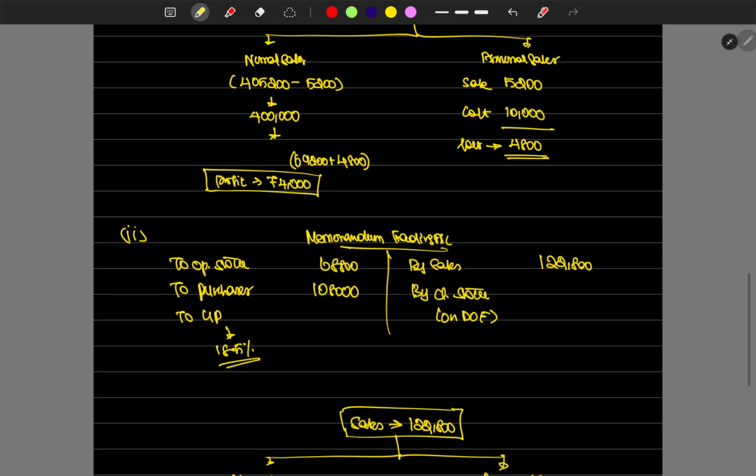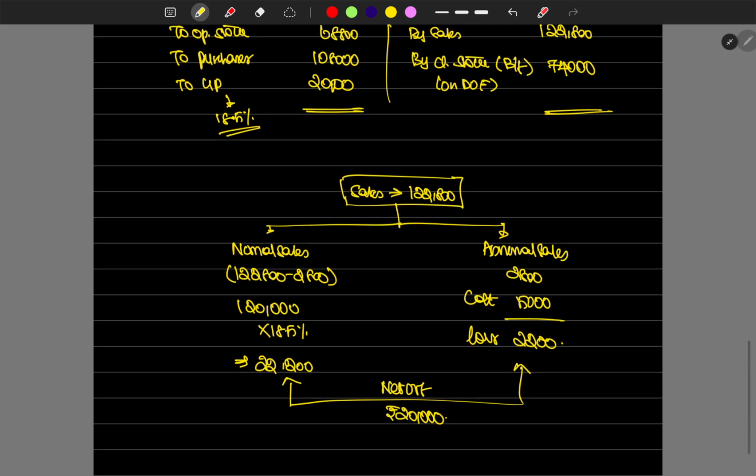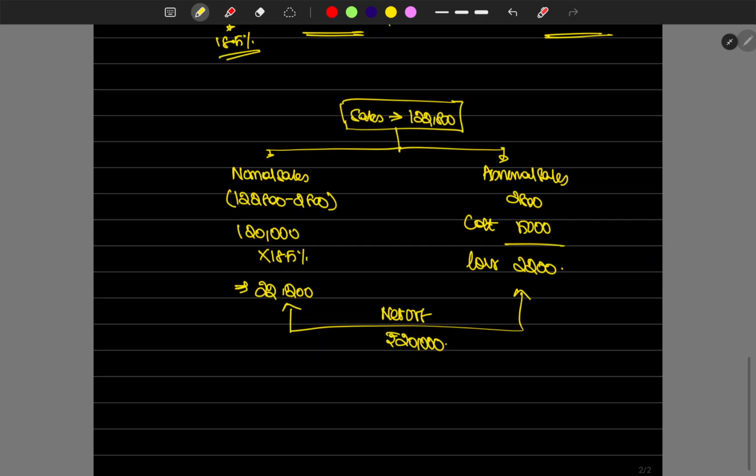So we are going to insert that 20,000 here, and we need to calculate the closing stock on date of fire, which is the balancing figure. So 60,800 plus 1,08,000 plus 20,000 minus 1,22,800, which is 74,000 as the closing stock on the date of fire. Okay, so we found out the closing stock on the date of fire.